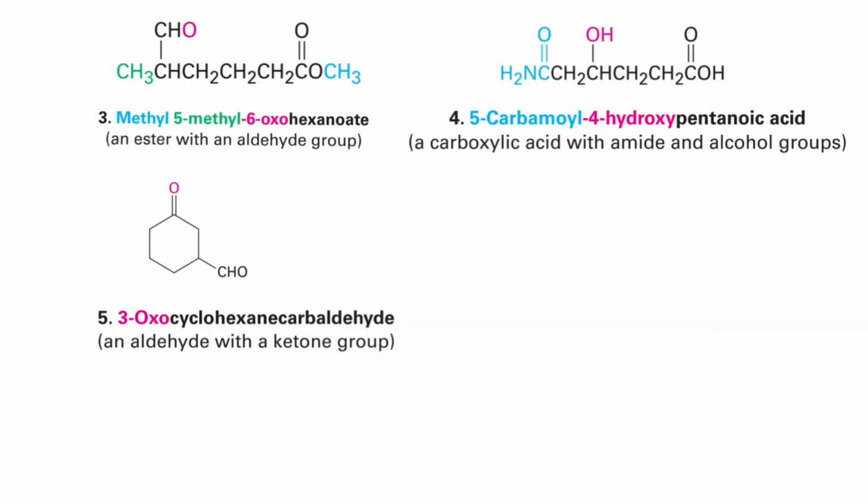Now one more example. One is the ester functional group, and this is the aldehyde functional group. Here, ester is a higher priority than the aldehyde, but the principal carbon chain should contain the maximum number of functional groups. Therefore, for the numbering we give 1, 2, 3, 4, 5, 6.